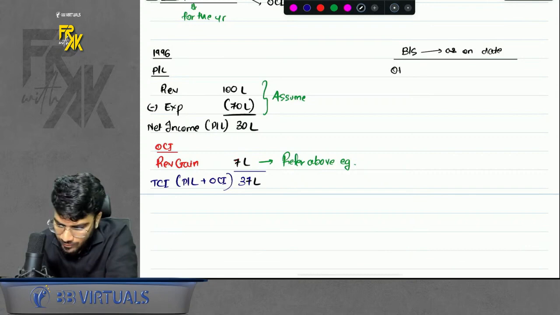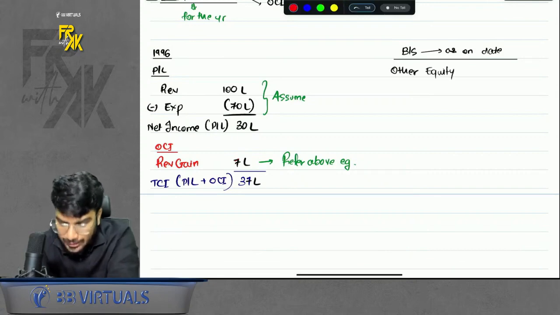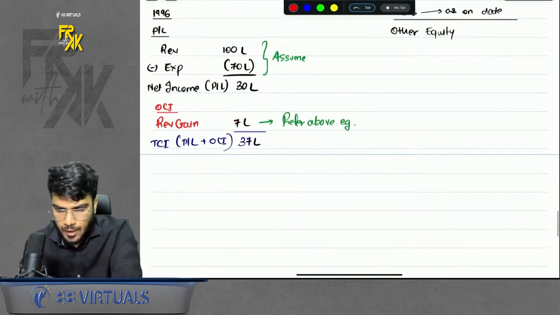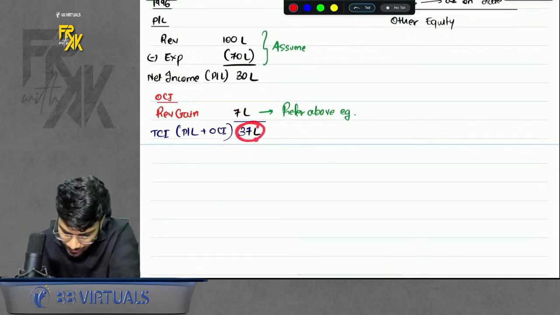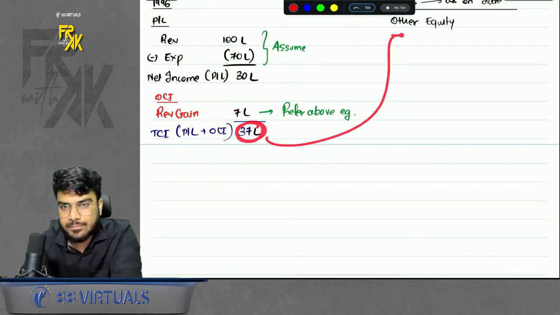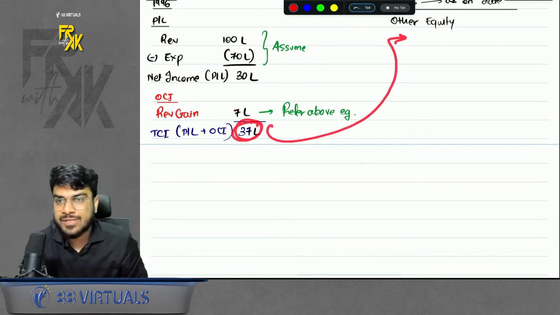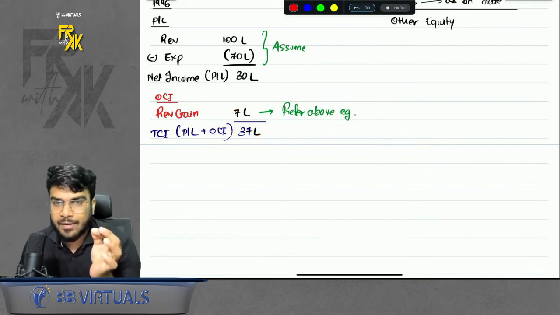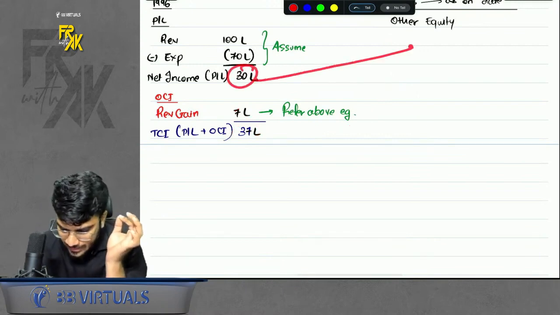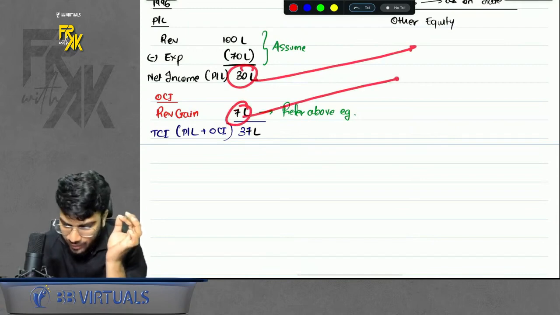Now we don't have reserves and surplus, we have other equity. So the profit will get accumulated in other equity. Now, should we accumulate the total 37 lakhs in a single head, or should we bifurcate it? Should we allocate 30 lakhs in a particular head and 7 lakhs in a different head?